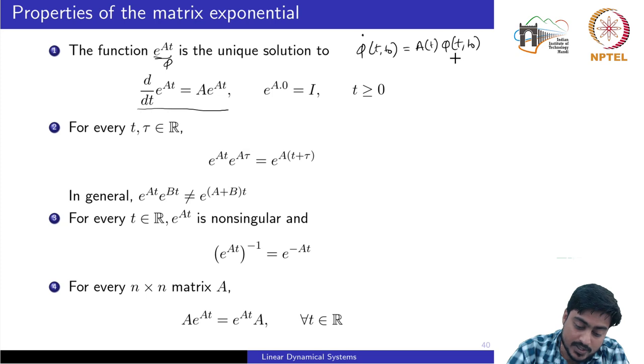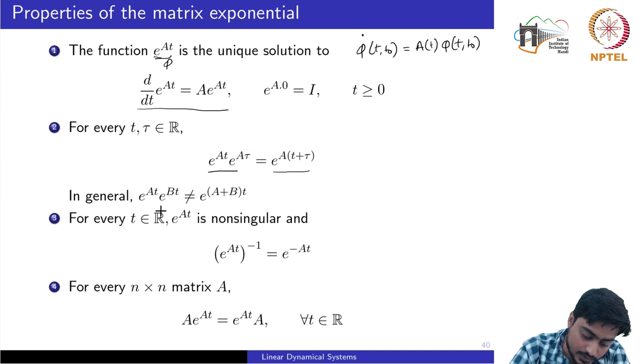So the first property remains similar to the LTI case, where we just replaced the time varying state transition matrix by the matrix exponential. Again, for every t, tau belonging to R, we can write the multiplication of the matrix exponentials at t and at tau as the matrix exponential at t plus tau.